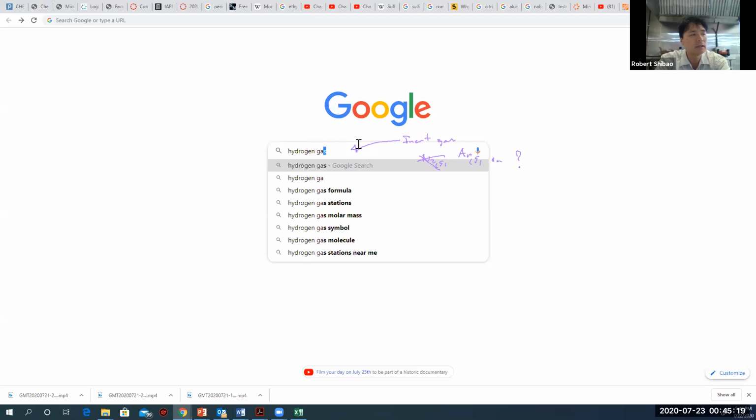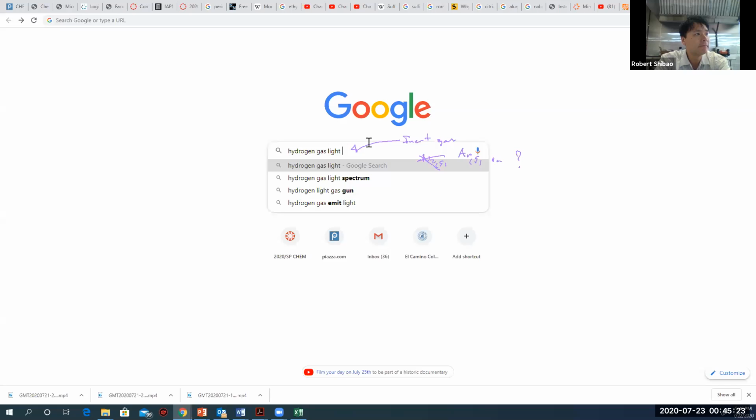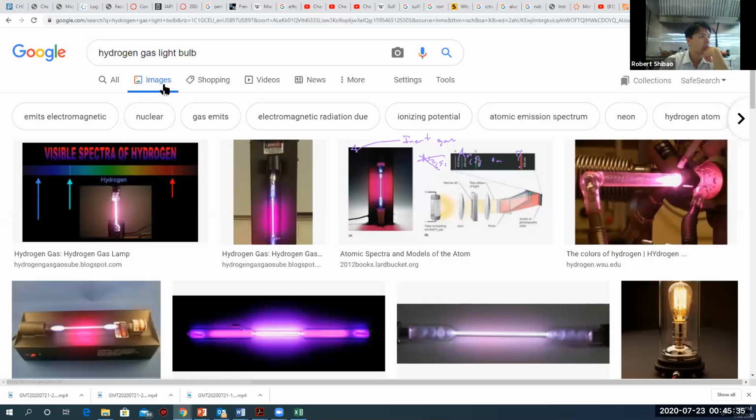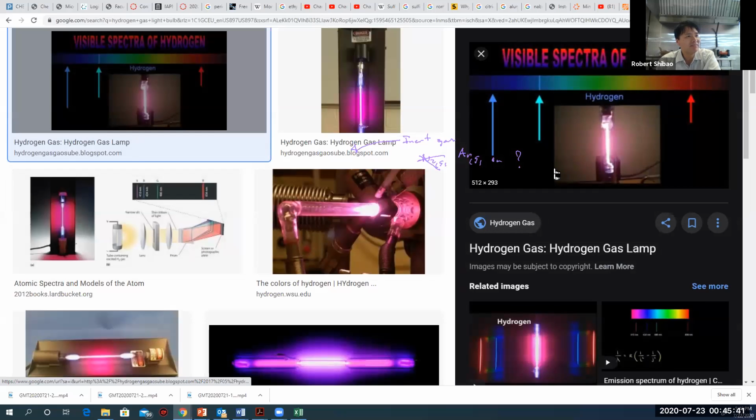Hydrogen gas light bulb. So this is it. This is your hydrogen gas light bulb.